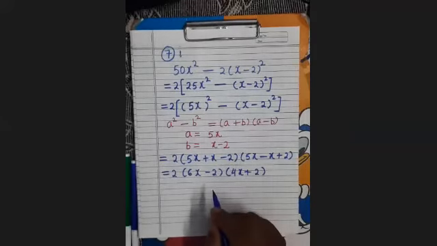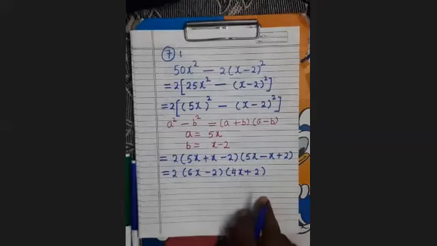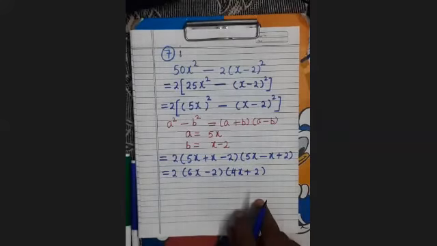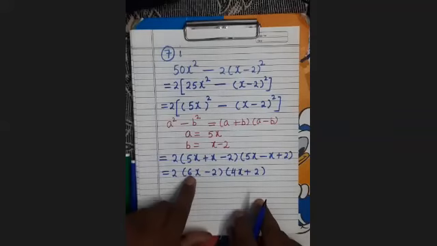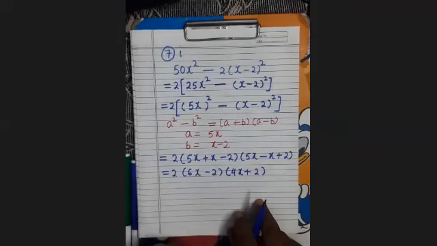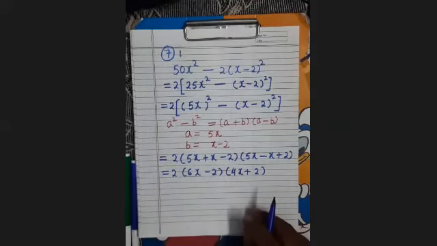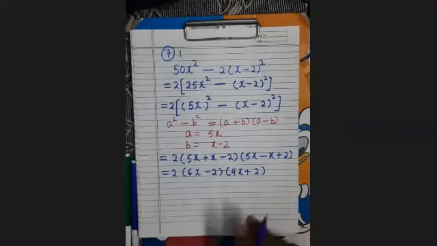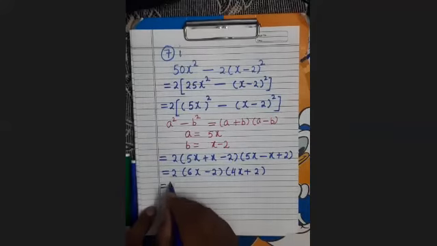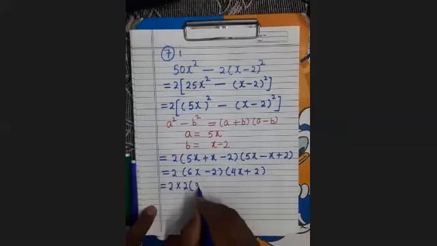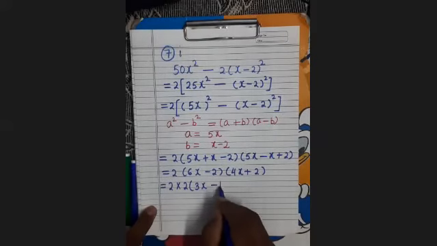Now see here, if you see both the brackets carefully, what will you find? पहले bracket में क्या common? 2. In the other bracket also 2. So you will write 2 into 2 when you take out common, 3x minus 1.